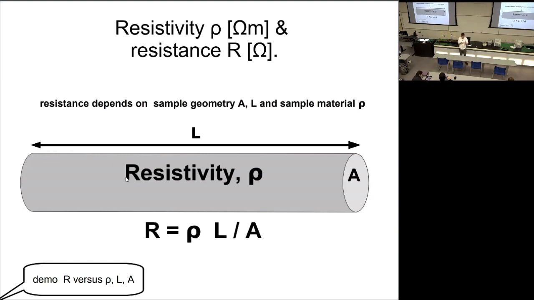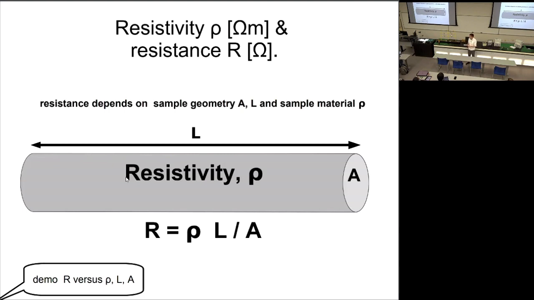A longer wire is going to cause more resistance to an electron moving through that longer length of wire. If you have a shorter length of wire, that's less resistance to the electron moving through the ions, pebbles and rocks in that wire. And so resistance depends on the length of the wire. When you make a longer wire, you're going to have a greater resistance. When you make a shorter wire, you're going to have a smaller resistance.